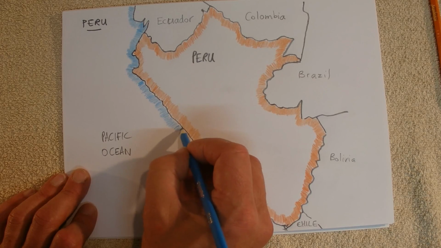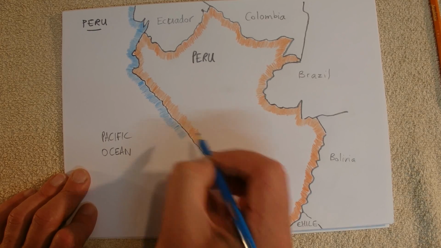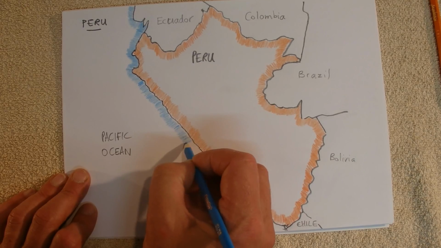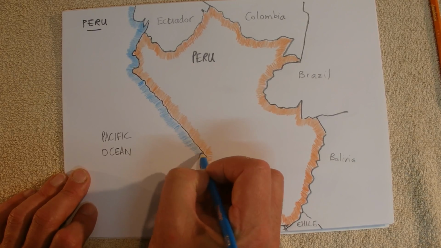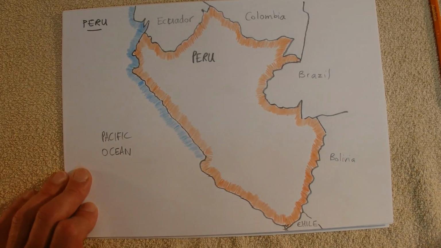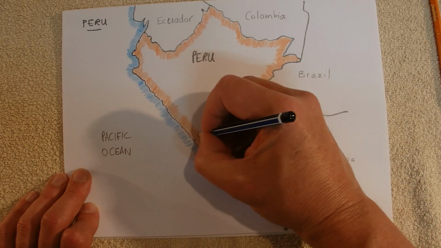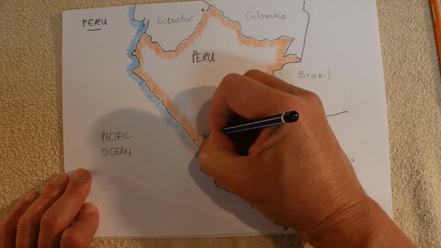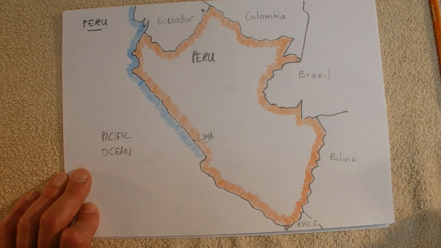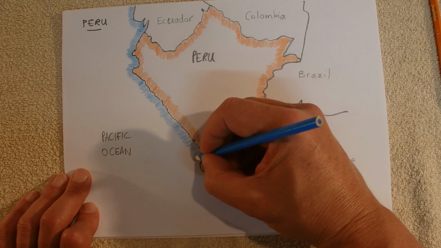But anyway, this is the coastline and we're just coming up to the capital here, and the capital of Peru is Lima, or is it Lima? I suppose you pronounce it Lima. Lima is the capital of Peru.